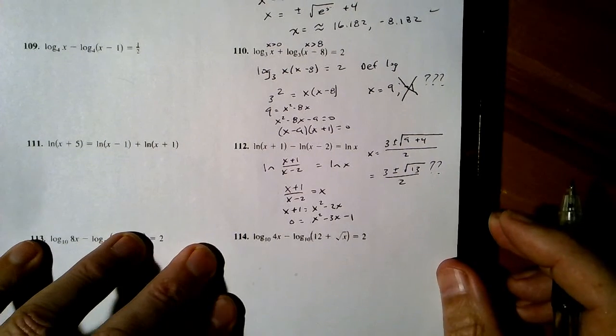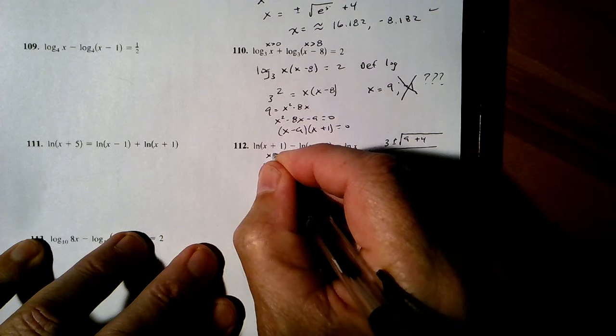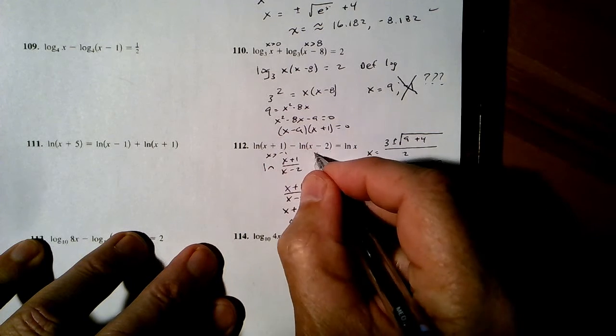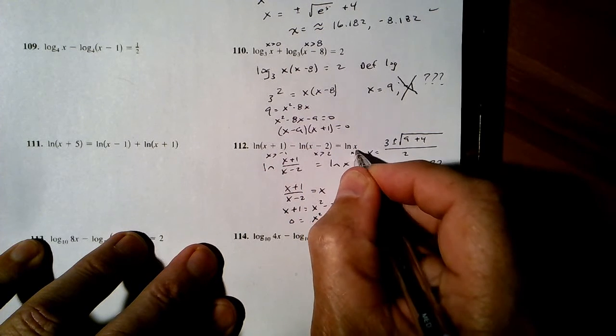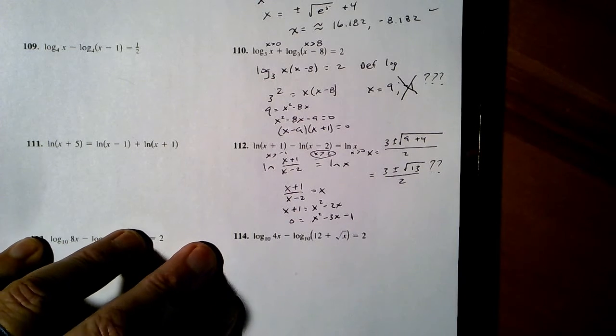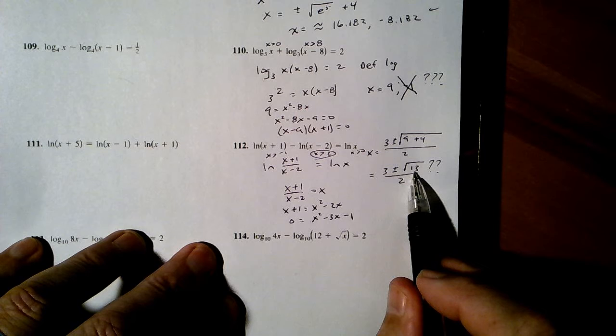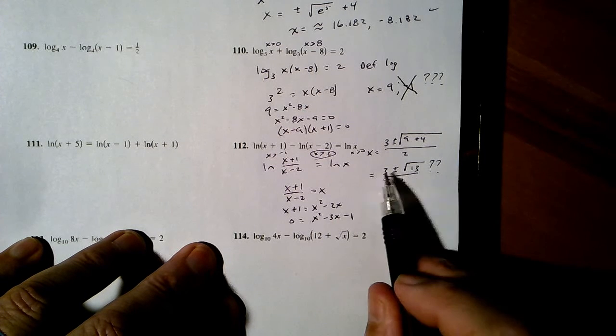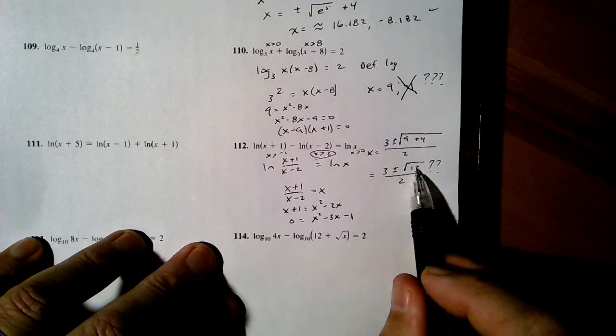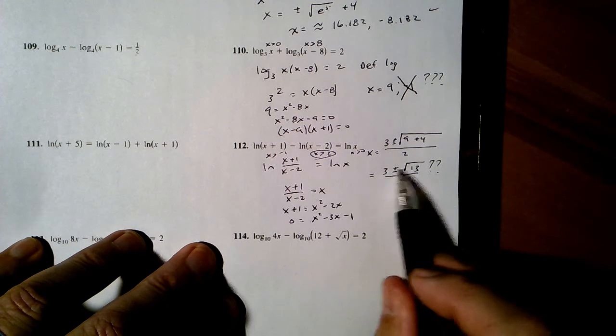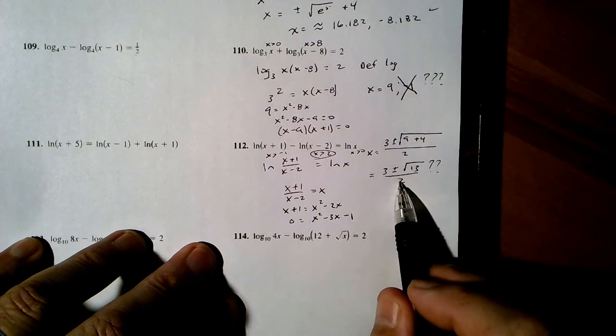Let's see. X has to be at least negative 1, x has to be at least 2, x has to be at least 0, x has to be at least 2. Well, 3, let's see, the square root of 13 is a little more than 3. So that's 3 plus a little more than 3, a little more than 6, divided by 2. A little more than 6 divided by 2 is a little more than 3.